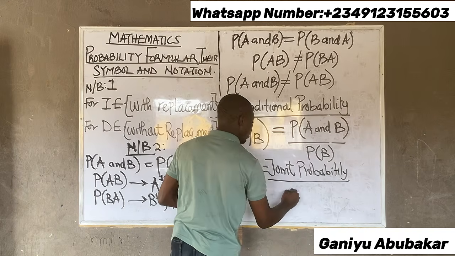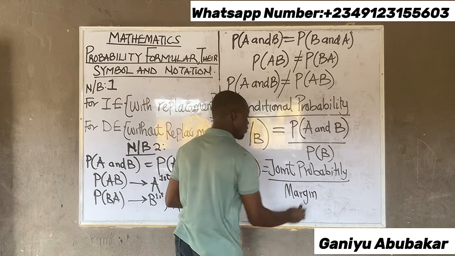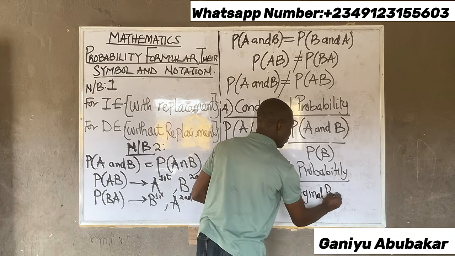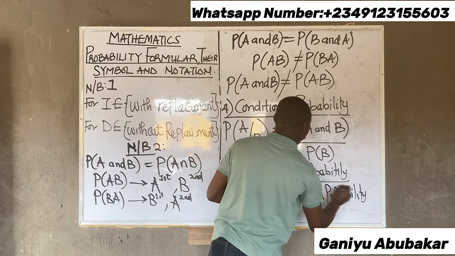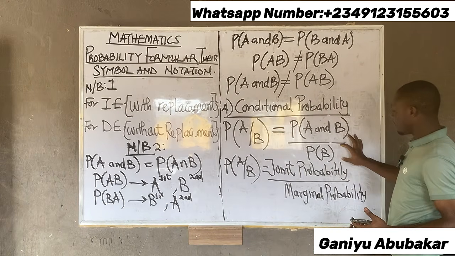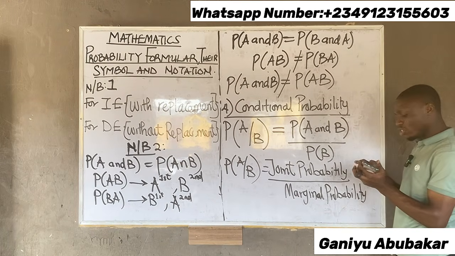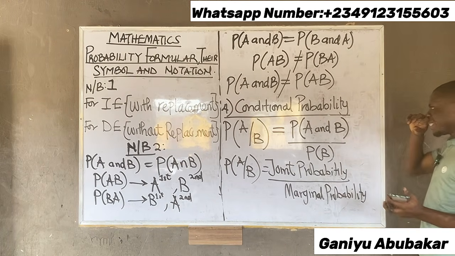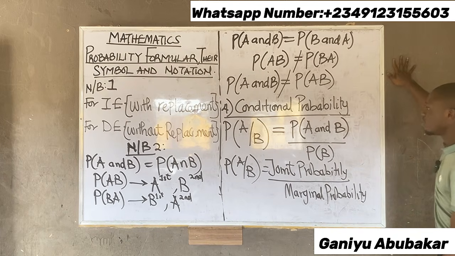It reminds you of the marginal probability. So the ratio of joint probability, which is this, and marginal probability of a single event, which is this, says a conditional probability, as you can see on the board for yourself. So this is how you express conditional probability.